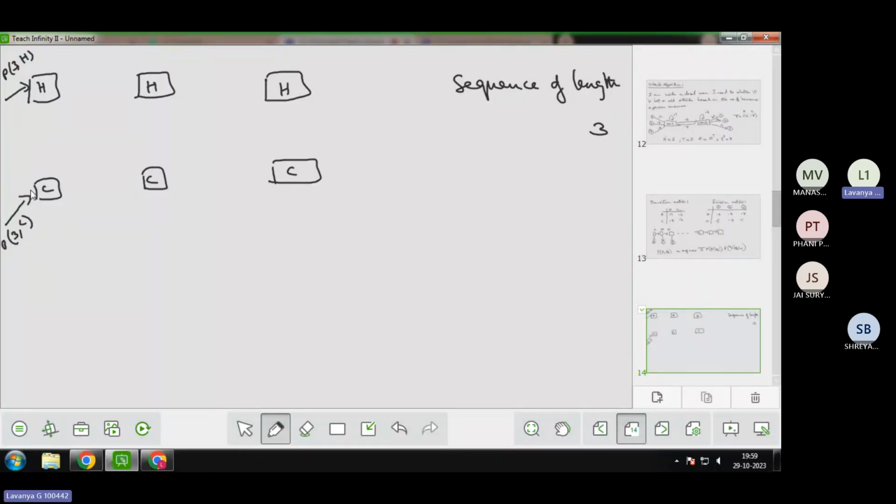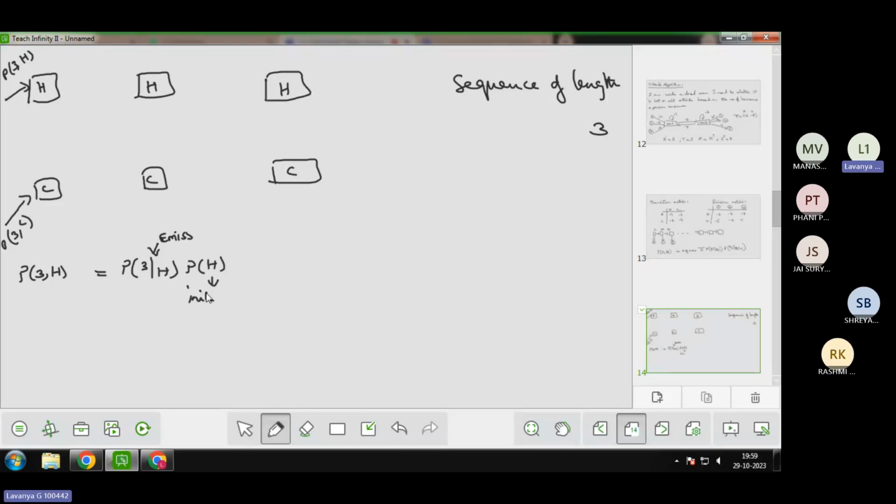Now how are we going to calculate this? Probability of 3, H is nothing but probability of 3 restricted to H into probability of H. This is your emission probability, and this P of H is your initial probability because you are starting with hot. So what is the initial probability?